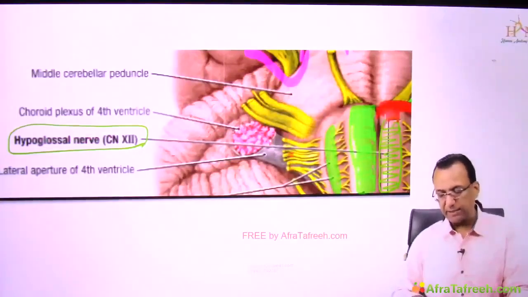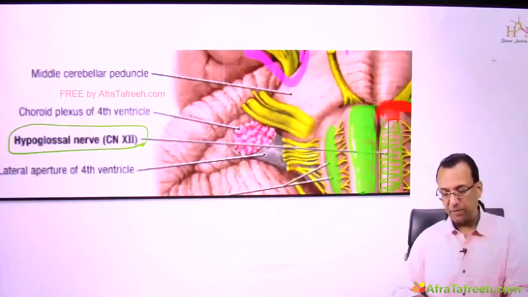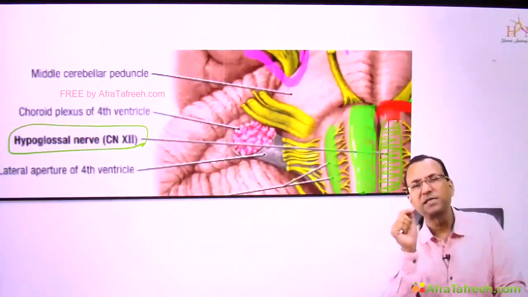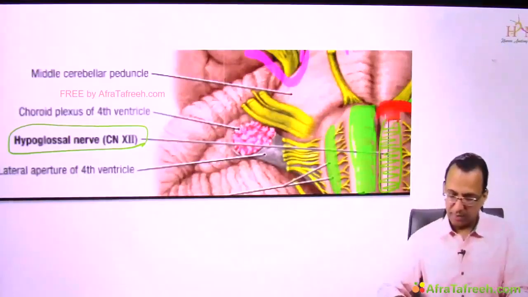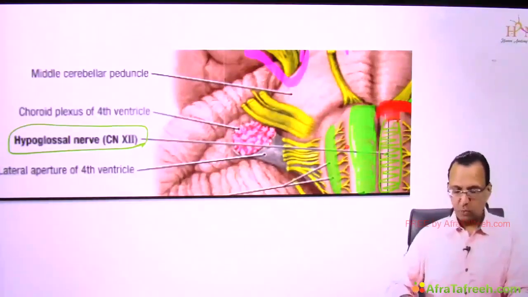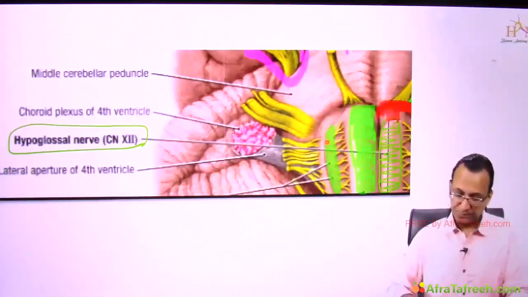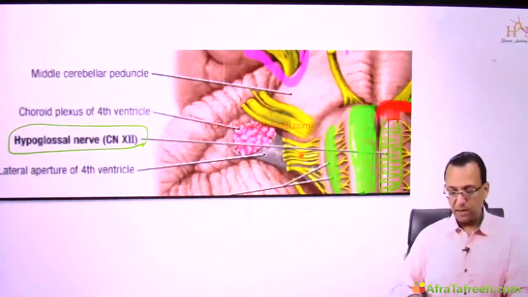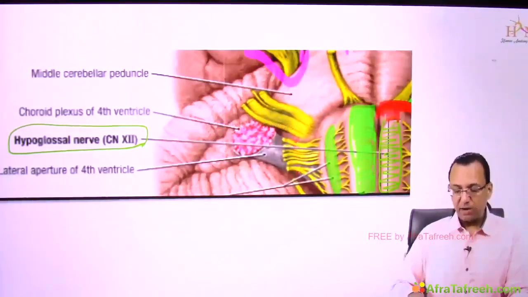It is the number 9, 10, and 11, passing behind the olive. Actually, you should know the sequence. Which is the most anterior structure in the medulla? The pyramid. What is after that? The 12th nerve. What is after that? The olive. And what is after that? The number 9, 10, and 11 behind the olive.